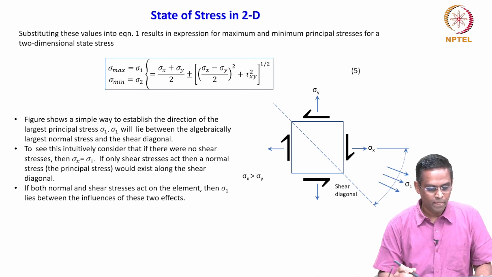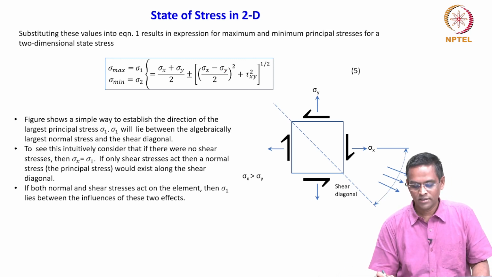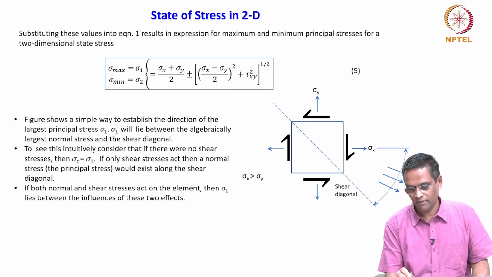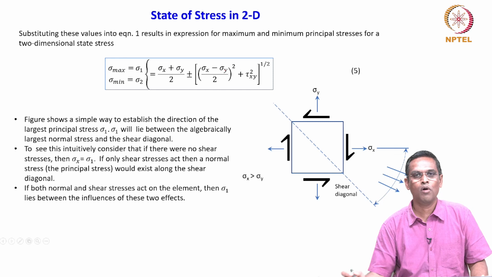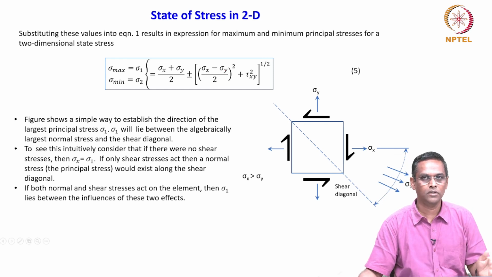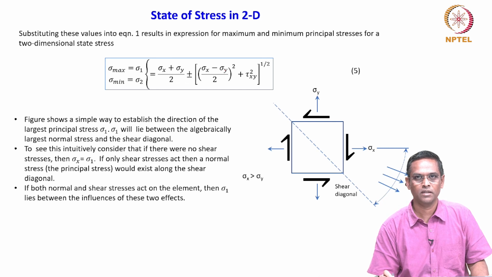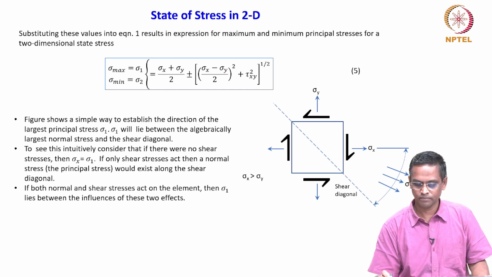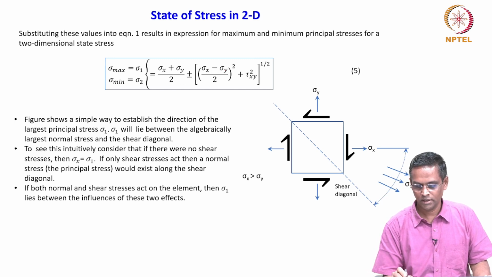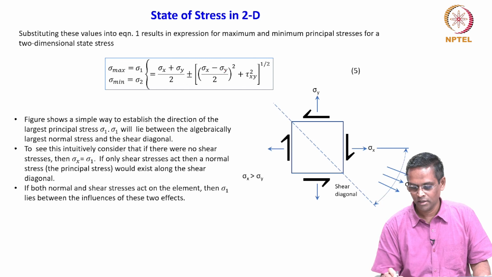And the maximum shear stress will occur at 45 degrees, right. And when sigma 1 has 0 shear stress, then it becomes sigma x, a normal stress, that is a principal stress. If there is 0 shear stress, it is a principal stress, and then it is a pure shear here.